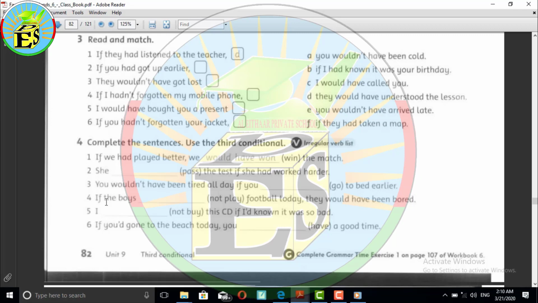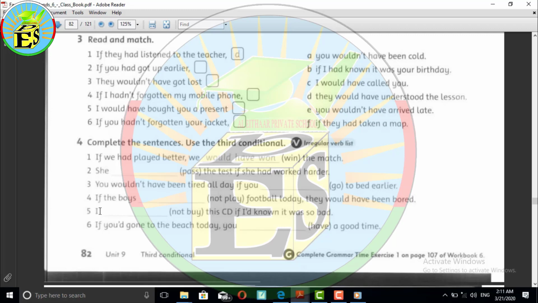He wants us to put the negative form of the verb. After if we have to put had plus the past participle of the verb. So it will be hadn't played. Right here, hadn't played.